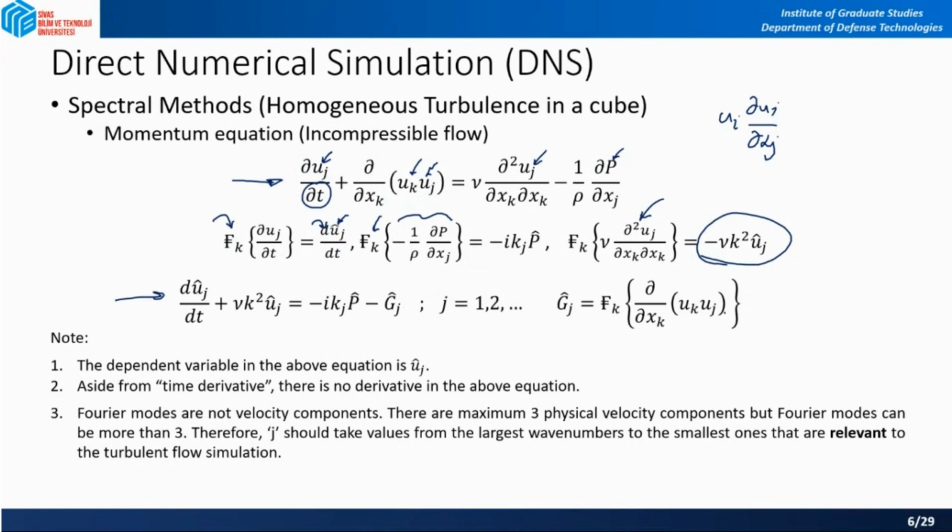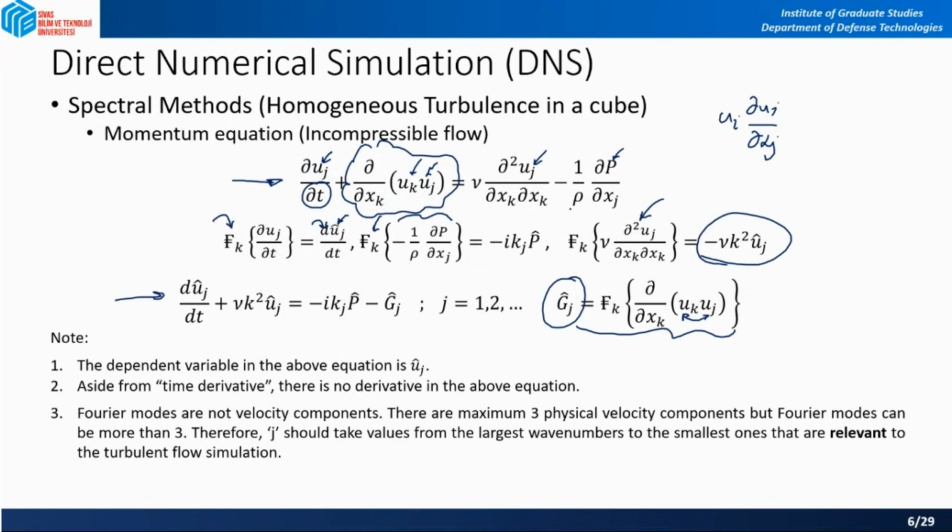G is this nonlinear term that I want to talk about. Why is it nonlinear? Because you have multiplication of two velocities, right? So I will call the transformation of the nonlinear term g hat. And j is the number of Fourier modes, you remember, which should be as many wave modes as needed.